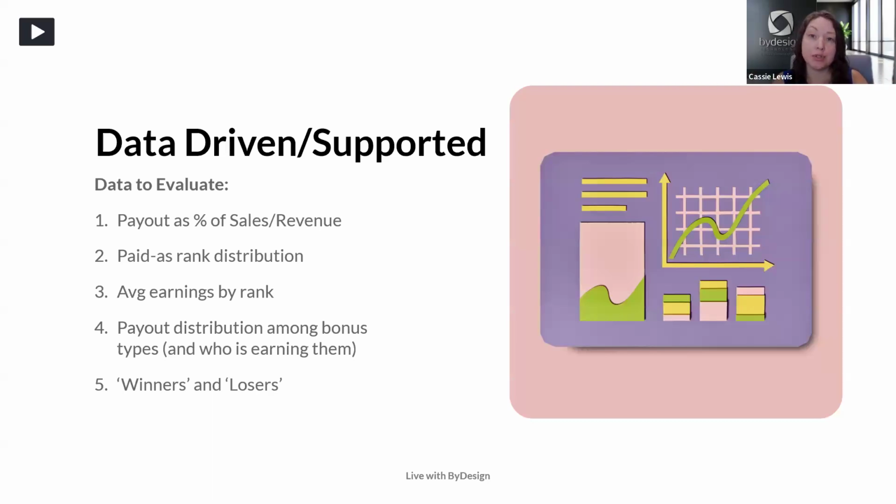And then when it comes to the losers, and when I say the losers, I don't mean any of your field reps are actual losers, right? It means that they were previously earning at a certain level, and in the new comp plan, they earn less. That's the definition of a loser here. But dig in. Why are they earning less?